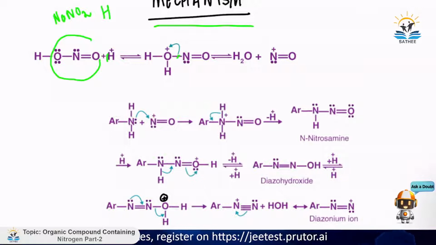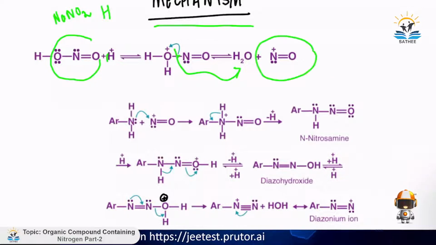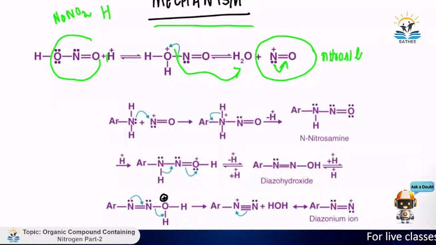So it comes and attacks here, and then water molecule comes out. So with this, see this, that we got this cation. Its name is also important. And this lone pair can be transferred here. So it will become nitrosonium ion.